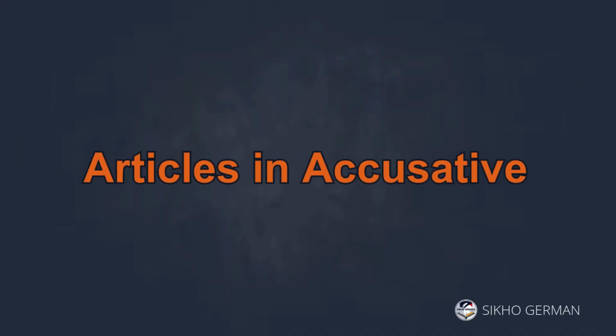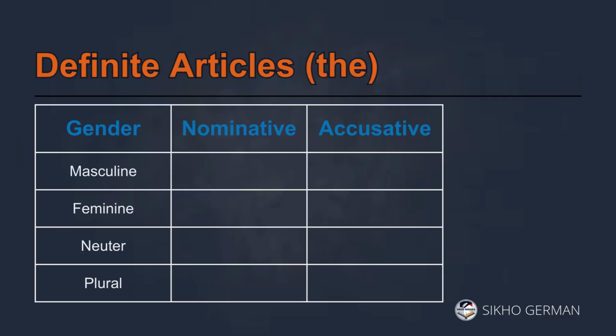Now, let's look at how articles change in the accusative case. This is the most important part to memorize because it affects almost every accusative sentence you create. Here's the comparison between nominative and accusative for definite articles. Masculine, nominative, der, accusative, den.